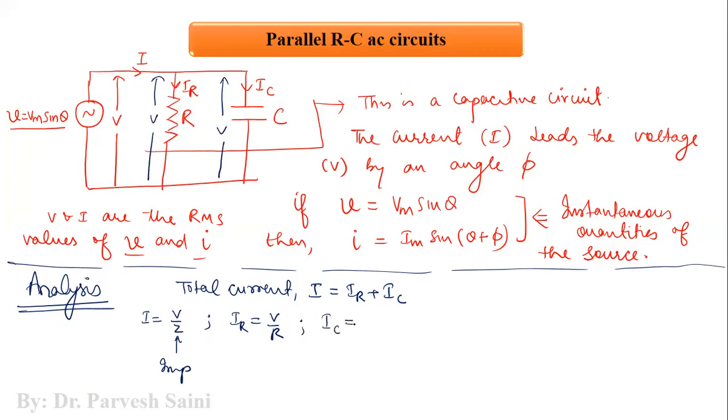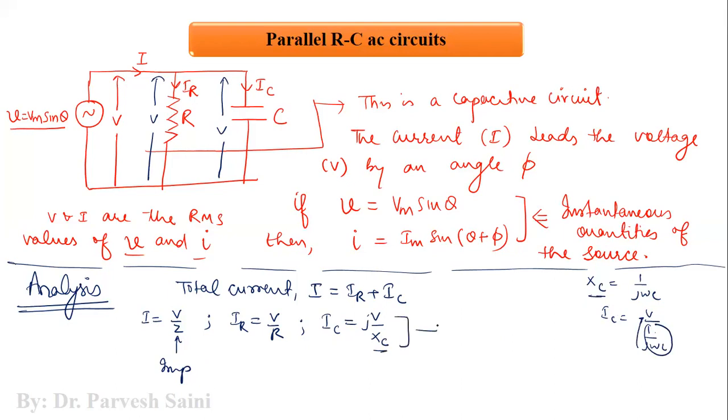Now similarly, we have IC. So IC is equal to JV by XC. The reason why we take JV by XC is that we know XC is equal to 1 upon J omega C, right? So if we put this here, IC is equal to V by 1 upon J omega C. So 1 upon omega C is the magnitude of XC, and J will come here.